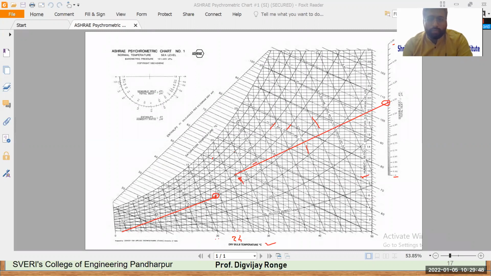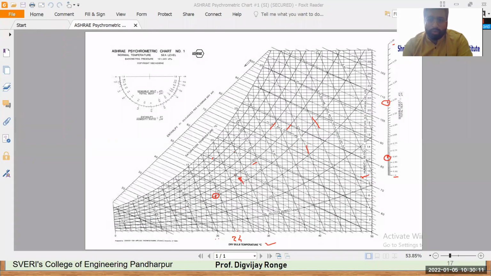So let me rub this and draw again. Let us say you'll get a value of 0.8. This is your RSHF value you will get from calculations.